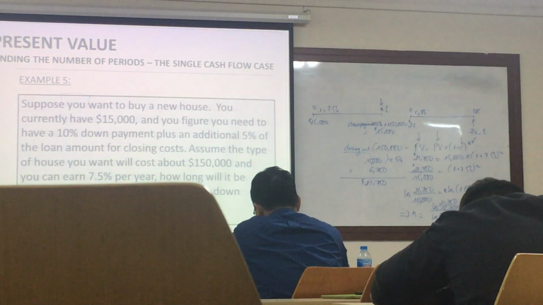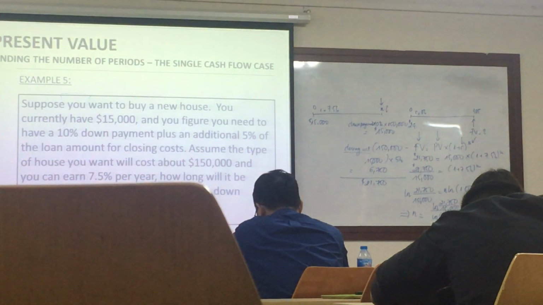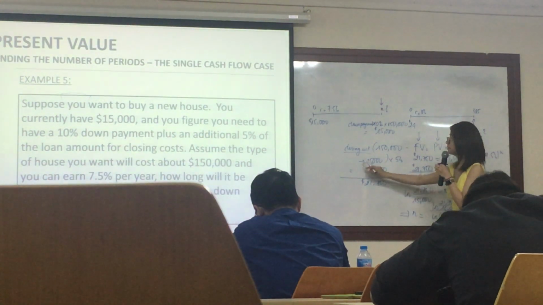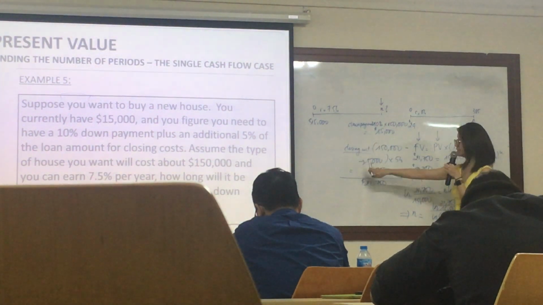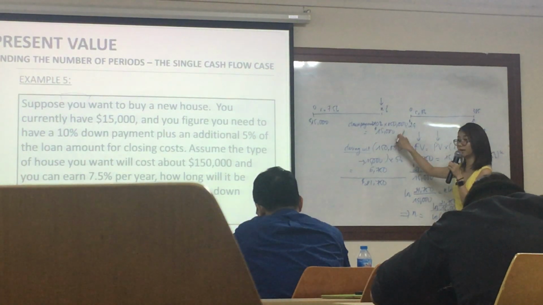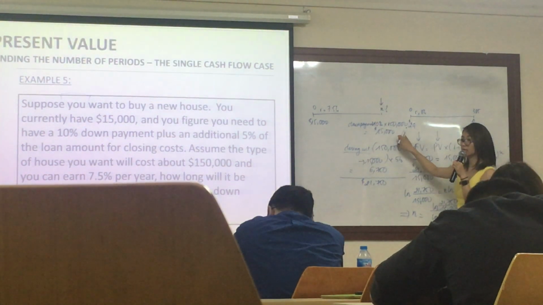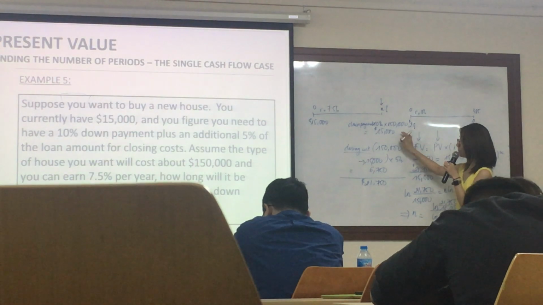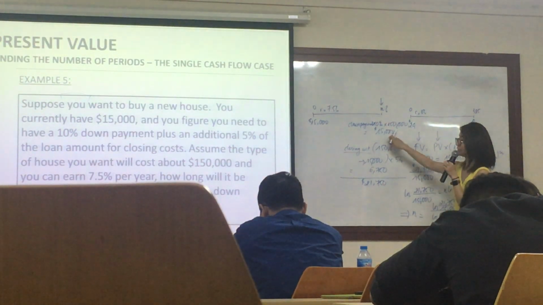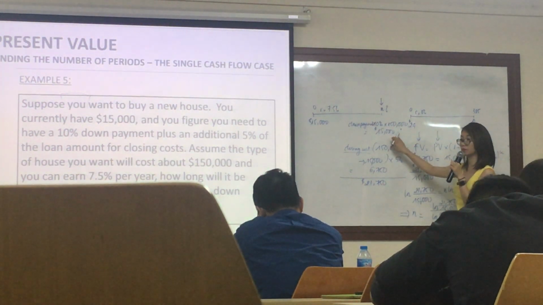Any questions so far? So are we clear here? The 150,000 is not the amount you have today, but the house price; the 15,000 is the down payment that you already paid. So the amount of money you borrow from the bank needs to be subtracted by the down payment.